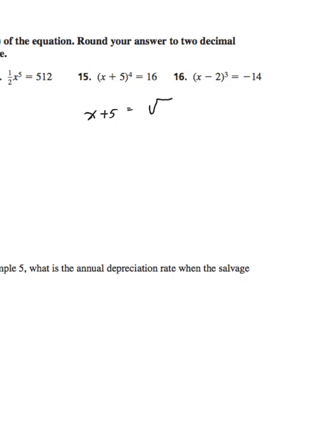Then I have the 4th root of 16, but what needs to be in front of the radical? Plus or minus. So x plus 5 equals plus or minus 2.